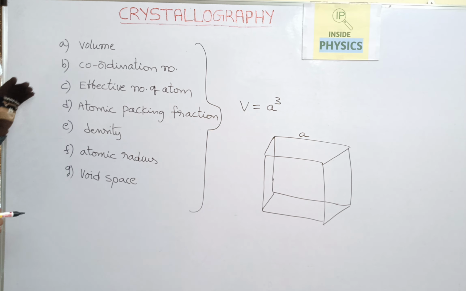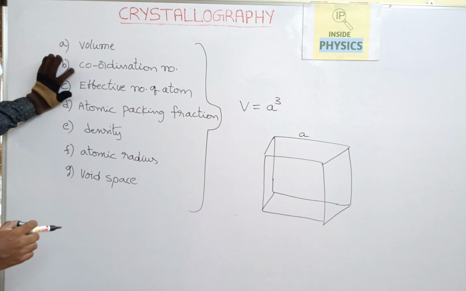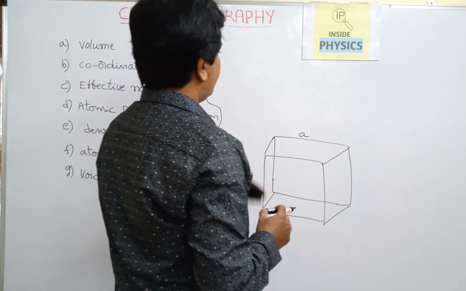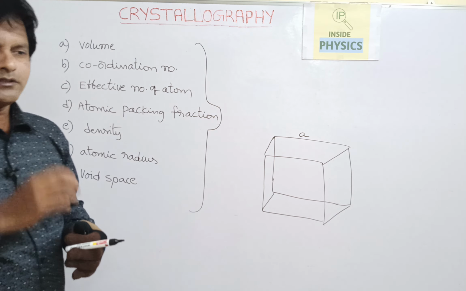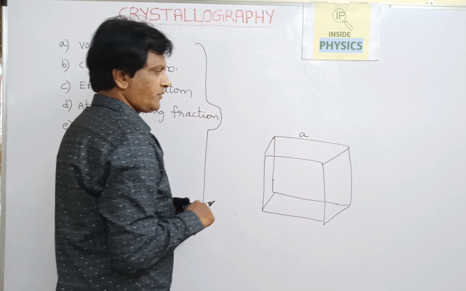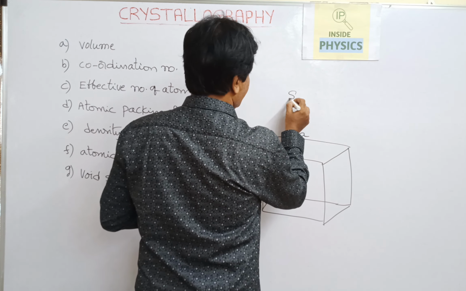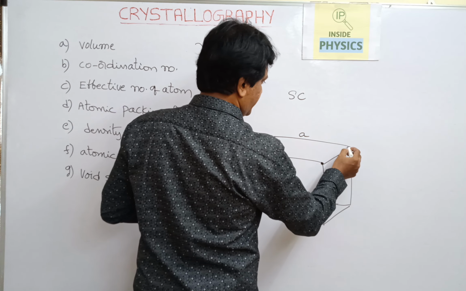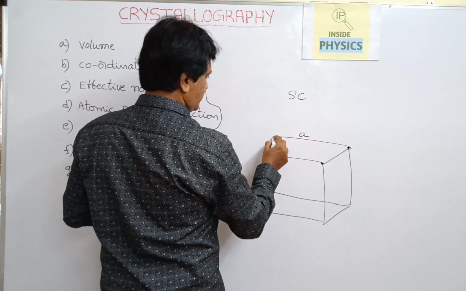So next one, coordination number. What is the coordination number? If you consider a unit cell, a simple cubic structure will always have the lattice points at its corners.